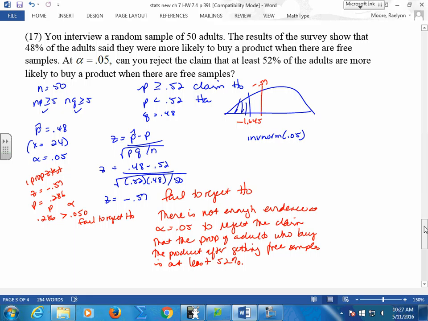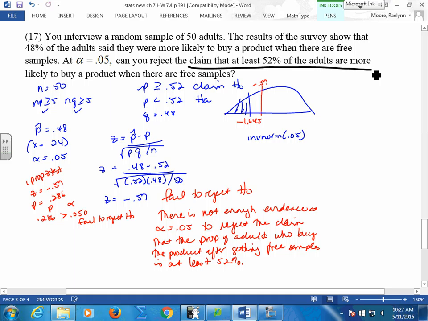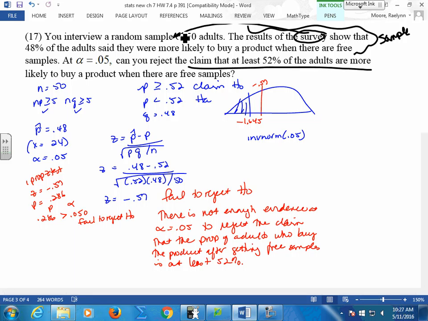At a level of significance of 0.05, can you reject the claim that, here's my claim, this whole thing was from my sample. They said the results of this survey from your interview, that's my sample information. Here's my claim. Can you reject the claim that at least, greater than or equal to, 52% of adults are more likely to buy a product when there are free samples?